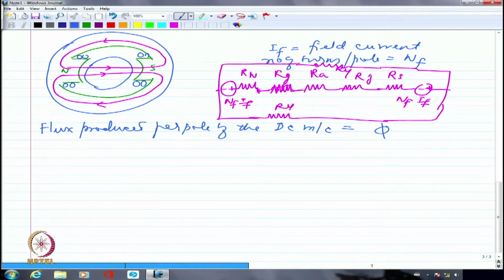If I look at the complete armature conductors, they are all occupying the complete surface area of this cylinder. If the radius of this cylinder is R, then 2 pi RL is the curved surface area of the cylinder.